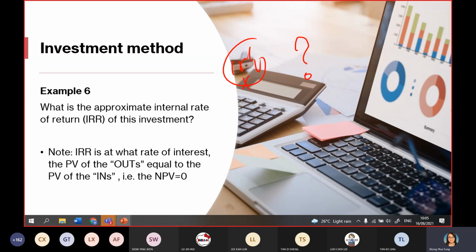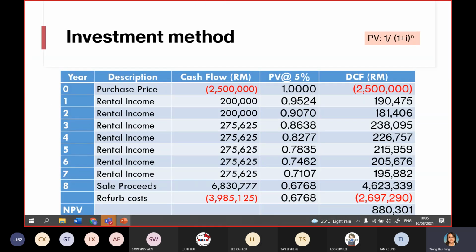Okay, so for this one, you produce the same table again. The only difference is this one. Originally you used 15% and you got a deficit, correct or not?